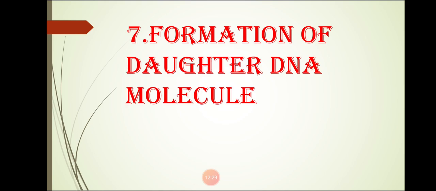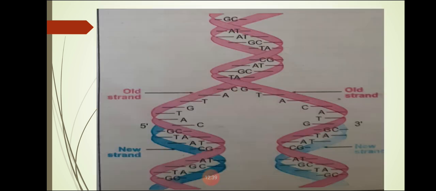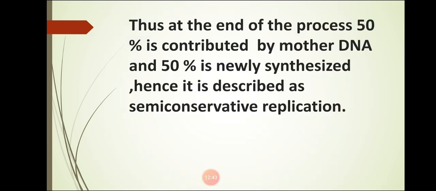Both the old strand and the new strand undergo coiling with each other and result in the formation of the daughter DNA molecule. Thus we can say that at the end of the process 50% is contributed by mother DNA and 50% is newly synthesized. Hence it is described as semi-conservative replication.